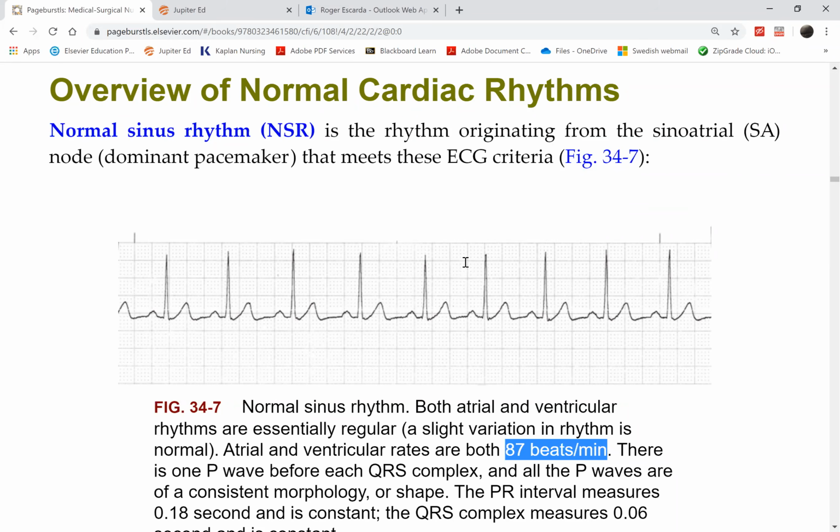All right. So we know there are 1500 small blocks in 1 minute and 300 big blocks in 1 minute. So you can use that method to count. Again, it is ideal for this type of rhythm.